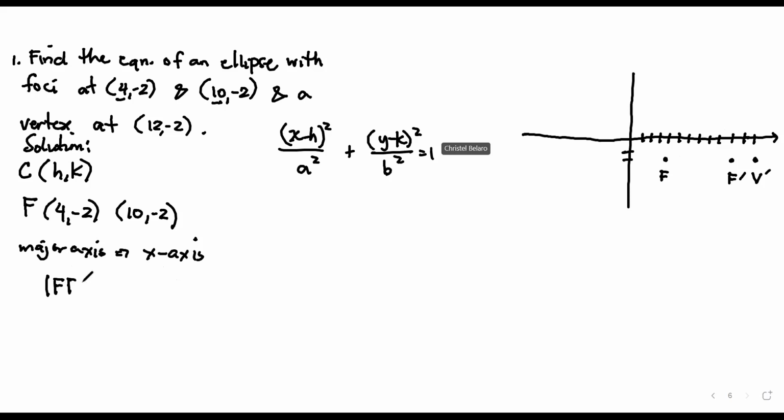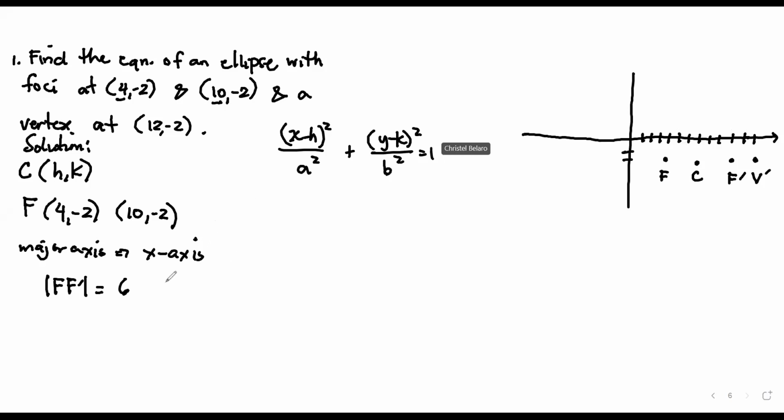Ang distance class ng F at F prime ay 6. Okay? So therefore, nasan ang gitna ng dalawa? That's the center. 1, 2, 3, ang gitna sa pang 3. This is the center. Center at 7, negative 2.